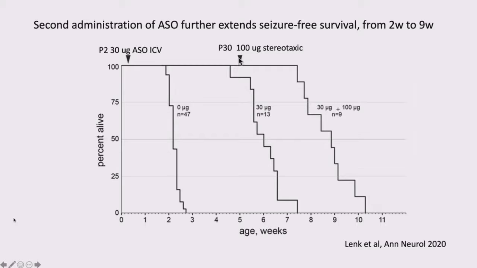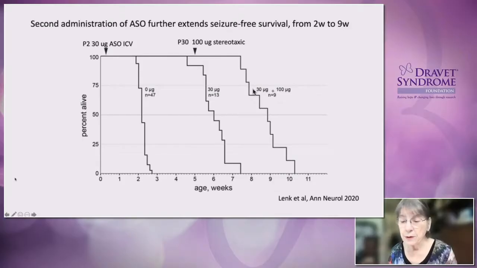But if we give a second injection right here, we can prolong this again. So we think we could keep doing this indefinitely. But the point is that unless we give a second injection, these mice do not survive. So they require the consistent downregulation of this hyperactive channel.